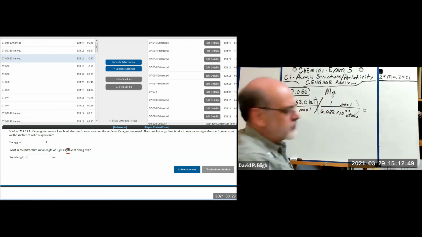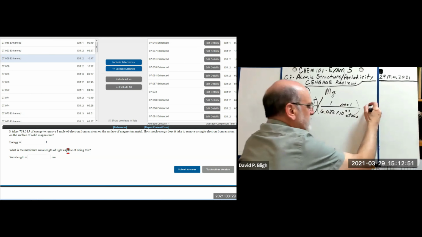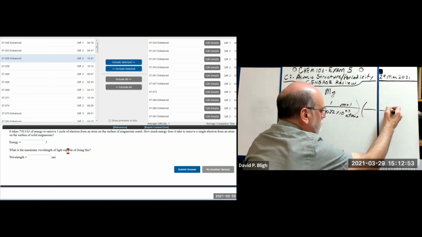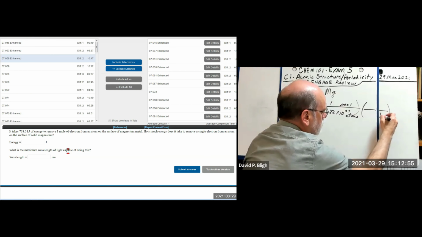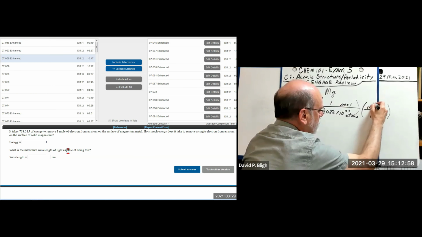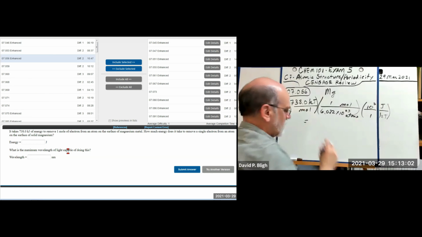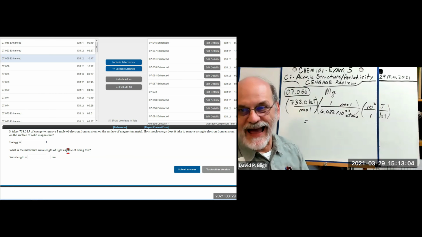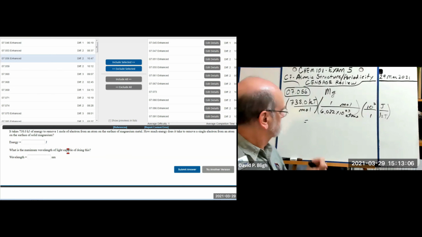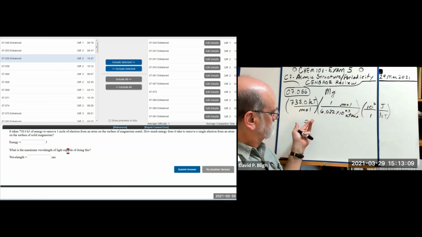We need to convert that to joules also. So we'll just stick another term in here. Kilojoules. 1 kilojoule is 1,000 joules. There we go. So that'll give us the amount of energy per atom.